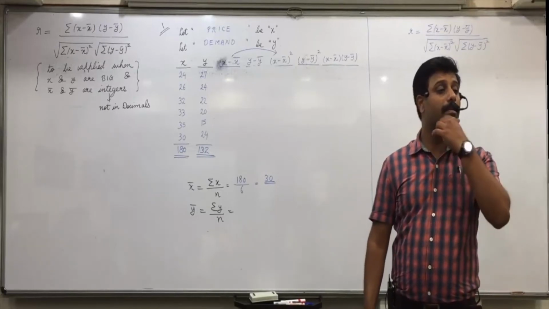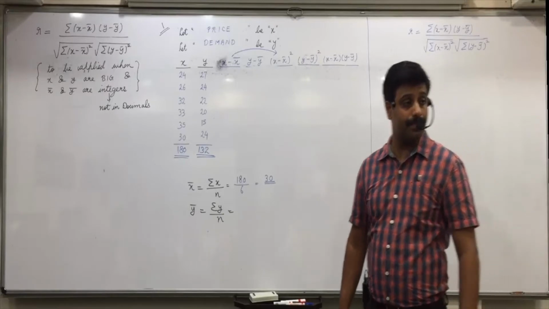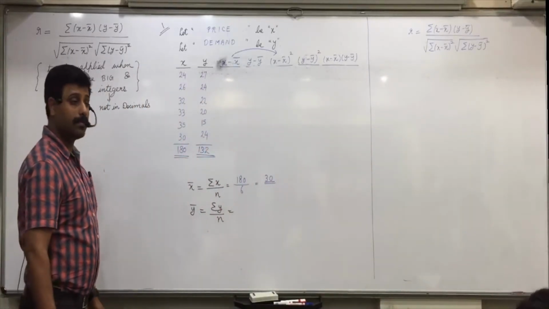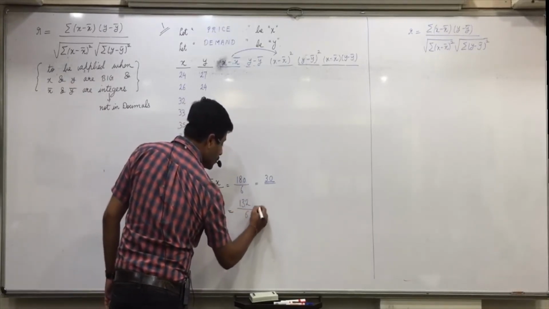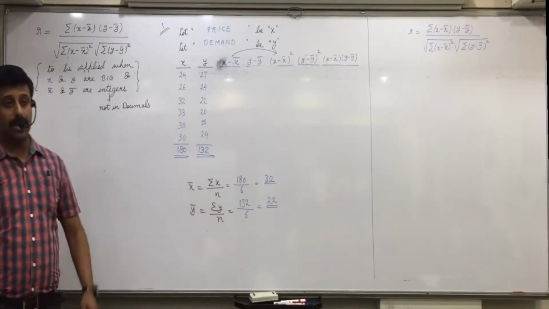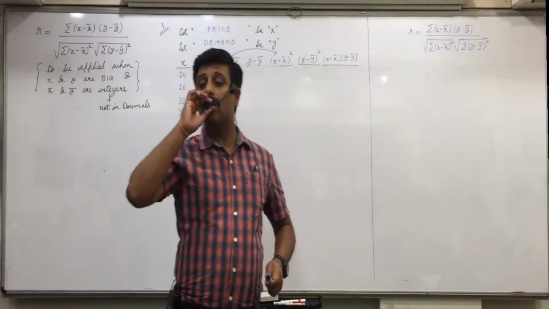Then, Aryan. Sigma y upon n is equal to 132 upon 6, that is equal to 22. So, is everyone clear with this? Any confusion in this?